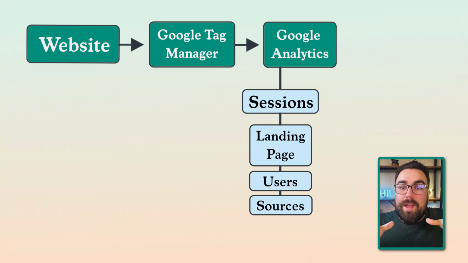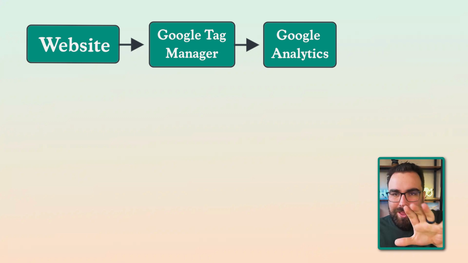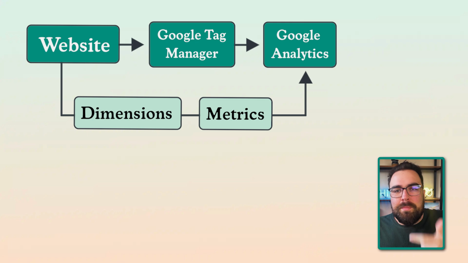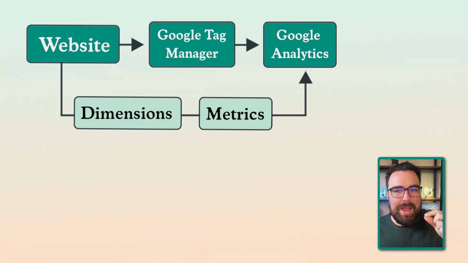All right, so we've got that now more or less situated. The two things that we're going to have to carry over from our website into Google Analytics, right, on the rainbow bridge, are going to be the dimensions and metrics. And you're like, whoa, whoa, whoa, dimensions and metrics, what on God's green earth are those? That is okay. A dimension is a by question. I know we talked about that in video number 2, by questions of breaking things down by different things.